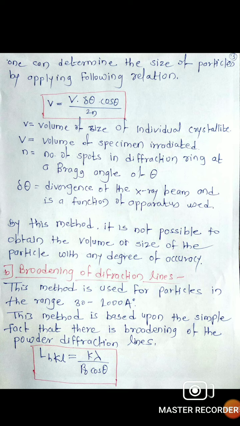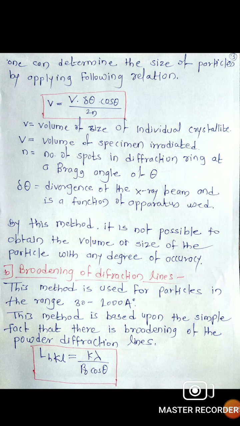By using this method, it is not possible to obtain the volume or size of the particle with any degree of accuracy. Then the next method for determining the particle size is the broadening of the diffraction line, and this method is used for particles in the range of 32,000 angstrom. It is based upon the simple fact that there is a broadening of the powder diffraction line, and the formula used to calculate broadening is L_HKL = Kλ / (β0 cos θ).